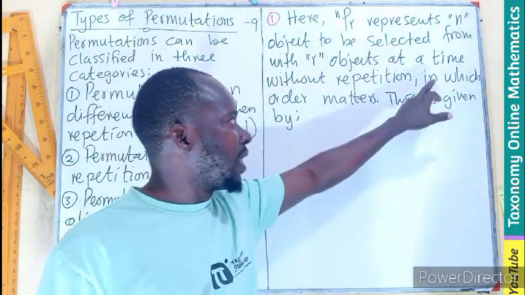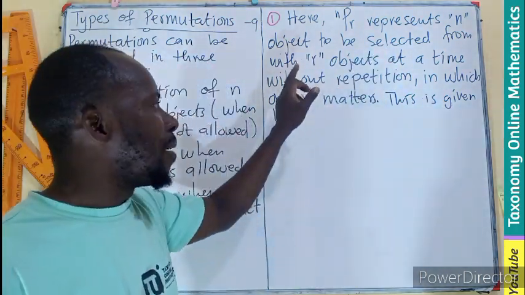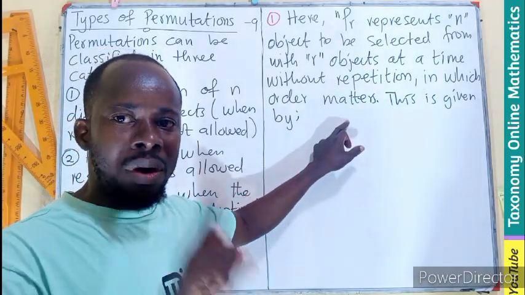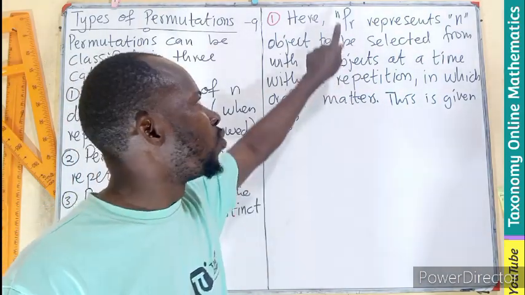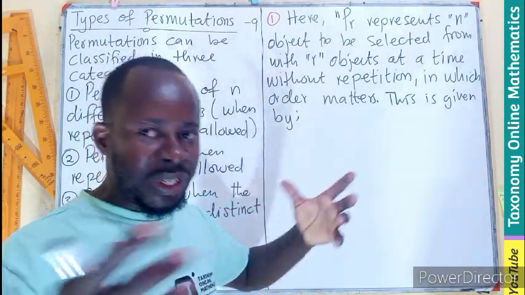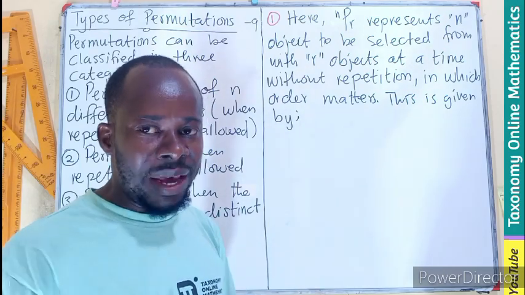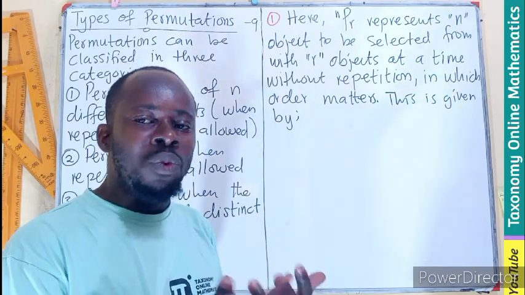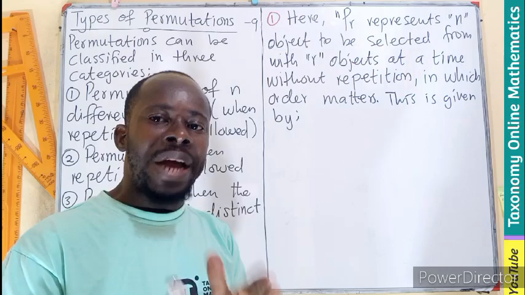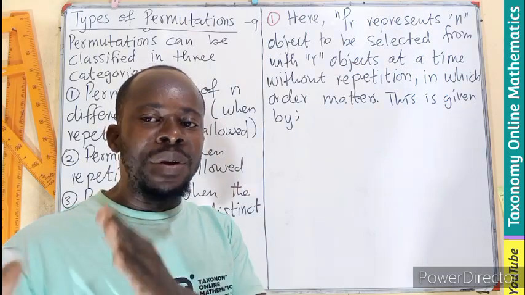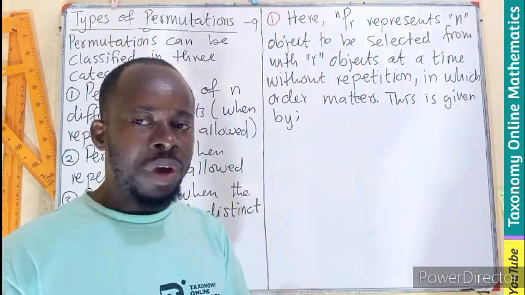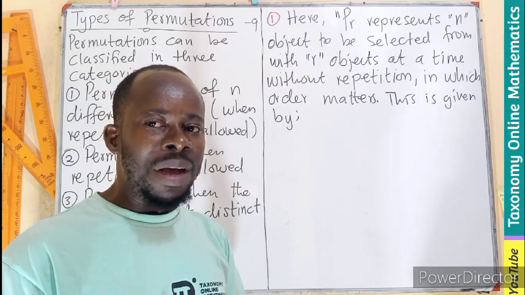Now we mentioned the word selected, so there is a condition here in which order matters. Order matters simply means that you are referring to only permutation. Selection is done with combination. But if we say arrangement, then we are going to consider where the order matters. So AB is not the same as BA.